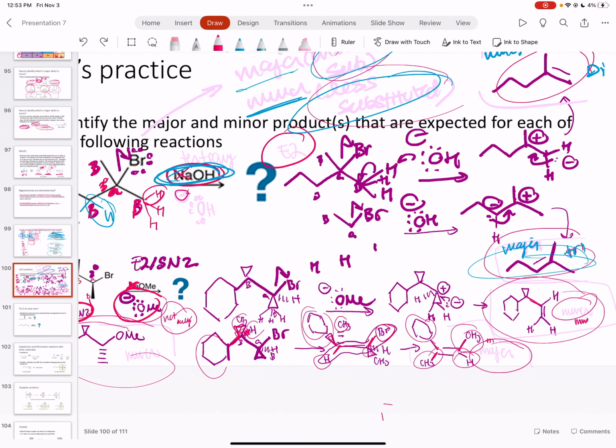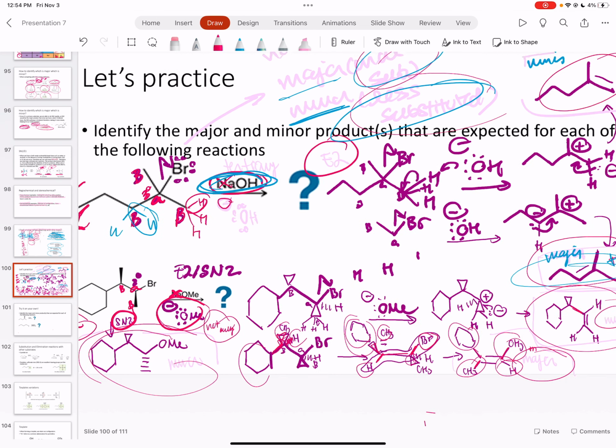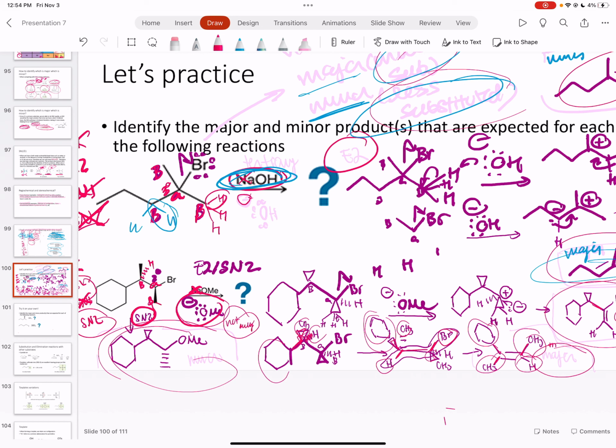So then we have one alpha, and then we have two betas in this case. So then here we have a beta hydrogen. And then in here we have 3 hydrogens. So then technically they're different. So then we have 2 different elimination products, as you can see.